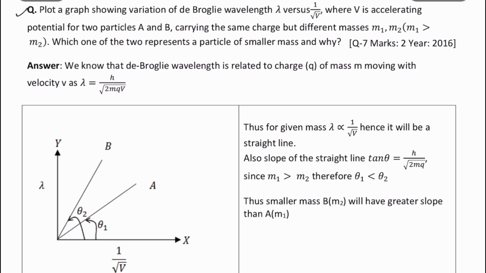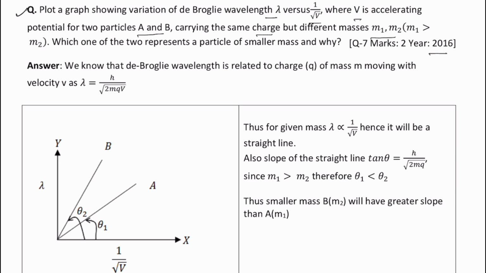This question was asked in 2016, a 2 marks question. Plot a graph showing the variation of the de Broglie wavelength lambda versus 1 by root V, where V is the accelerating potential, for two particles A and B carrying the same charge but different masses.